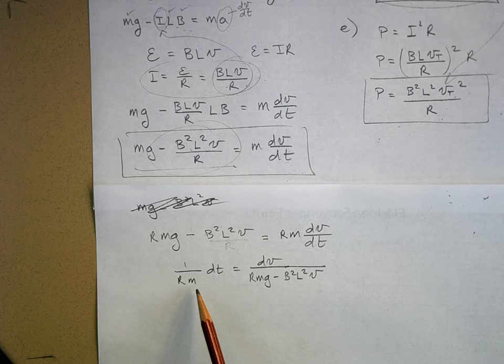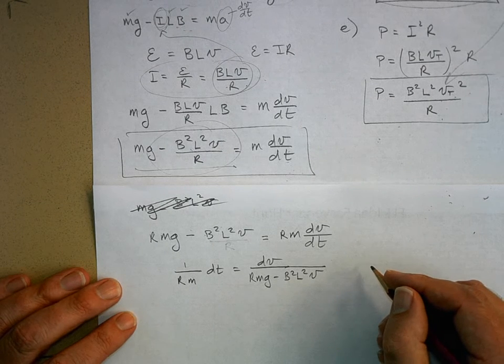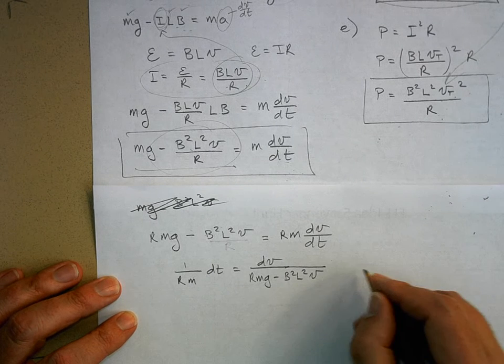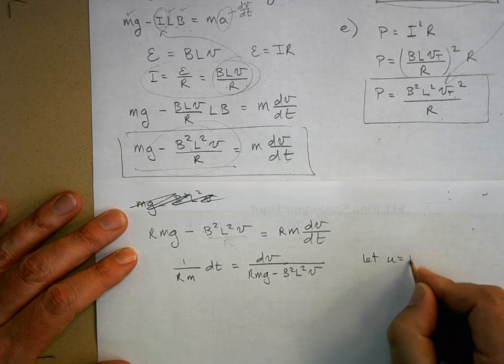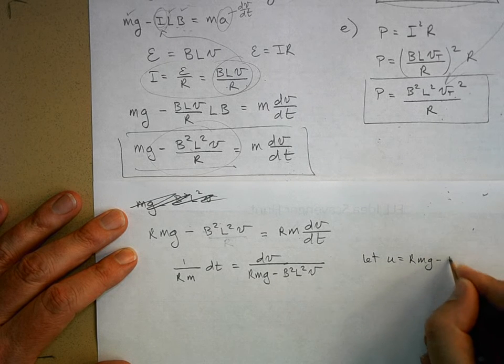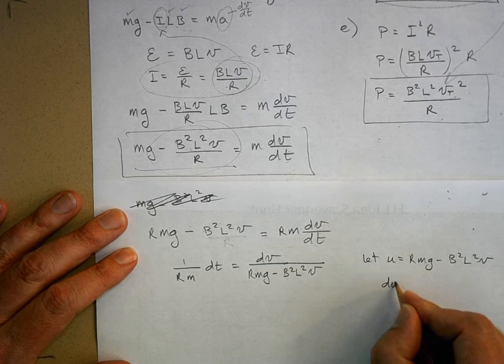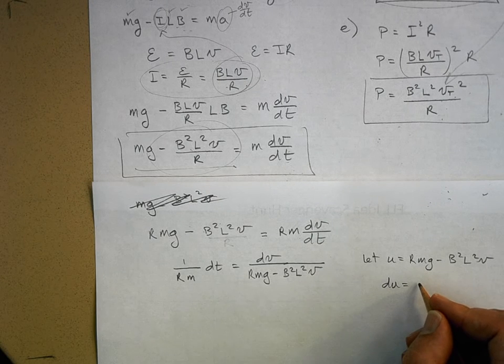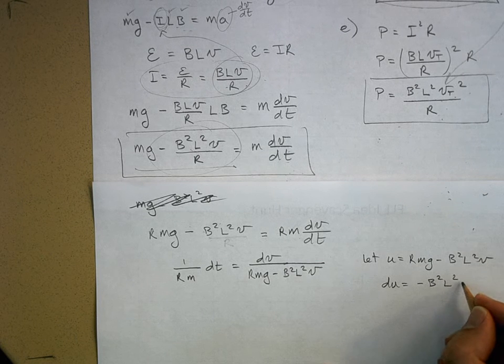And then what I'm going to do is a u-substitution, let u equal rmg minus b squared L squared v. So what is du? du equals negative b squared L squared dv.